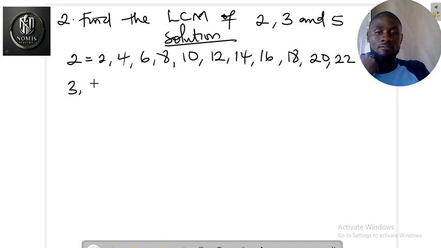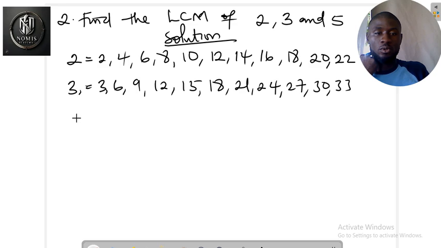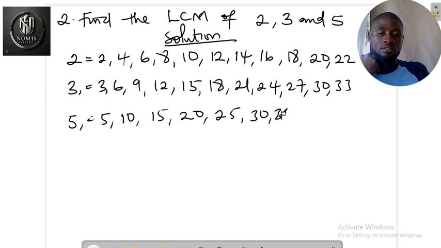And for 3 we have 3, 6, 9, 12, 15, 18, 21, 24, 27, 30, 33, and so on. And for 5, definitely we have 5, 10, 15, 20, 25, 30, 35, 40, and so on like that.